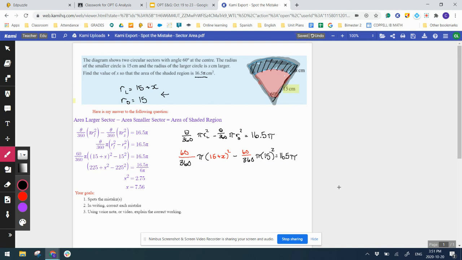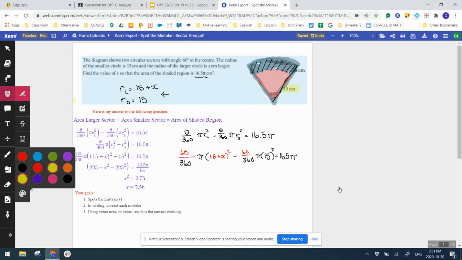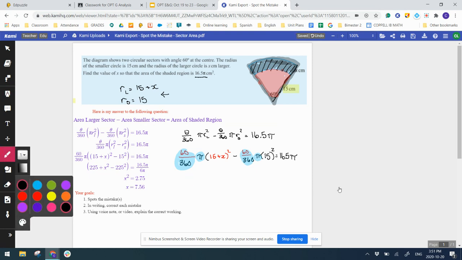So then I can start to notice some things. Solving for x right now is going to be annoying, because x is in this squared. So we're going to start getting rid of some of these double things. I can see that both of these terms have a 60 over 360. That means I can factor it out. Both of these terms have a pi. That means I can factor it out. So if I factor those out, I'm going to now have one copy of 60 over 360 pi.